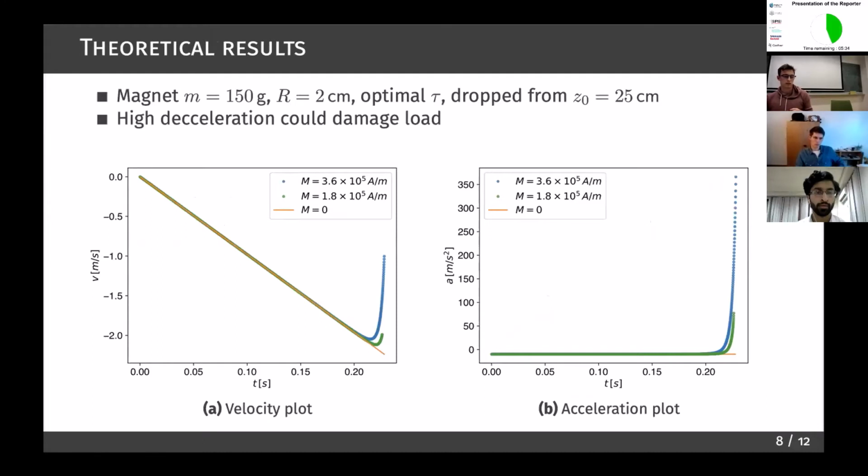Now, as you can see from the velocity graph, the magnet only starts braking very late in the falling process, which causes extremely high accelerations to be felt by it, which could damage the load and would render such a parachute unusable.